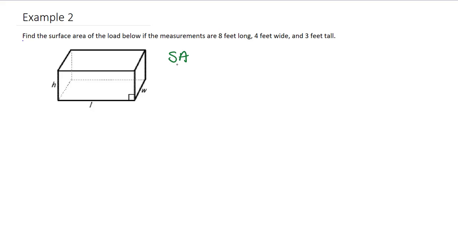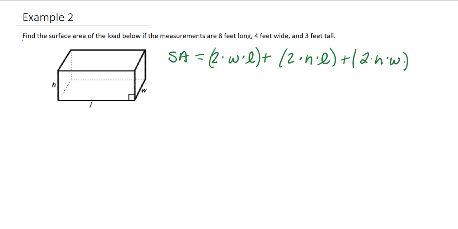SA for surface area is equal to 2 times W L plus 2 times H times L plus 2 times H times W. Let's also write out our values. Our W is going to be 4, our length is going to be 8, and our height is going to be 3.